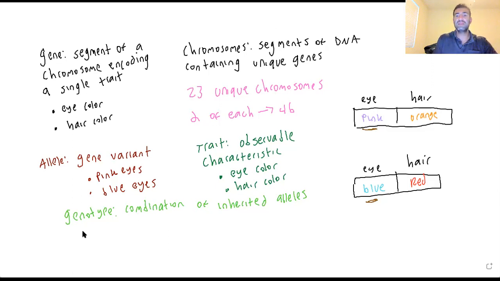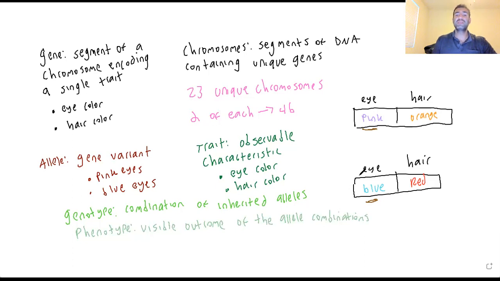Now, the next is phenotype. A phenotype is the visible outcome of the allele combinations. Depending on the method of inheritance, the phenotype is going to be different.